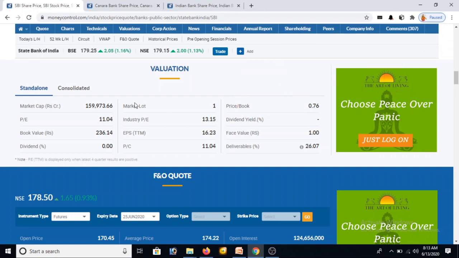In the public sector bank sector, we know Indian Bank will be there, Union Bank will be there, then Canara Bank will be there, IDBI Bank will be there. So many such banks will come under this public sector bank industry. So the average PE of all these banks is calculated as 13.15. This is what we have to compare with the company PE.